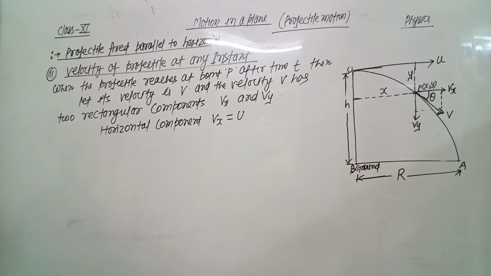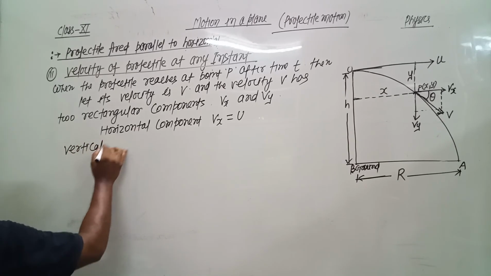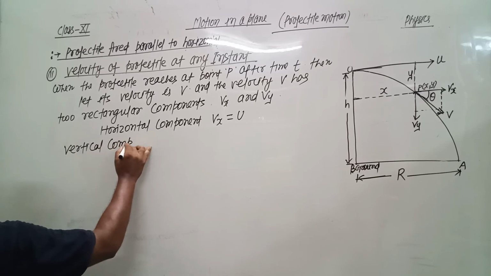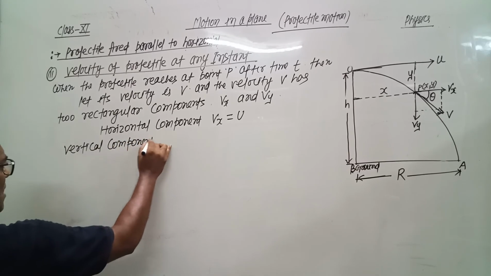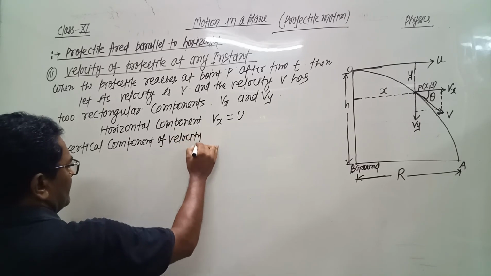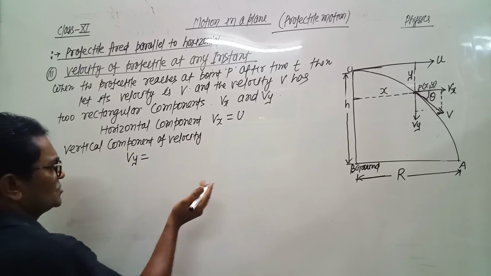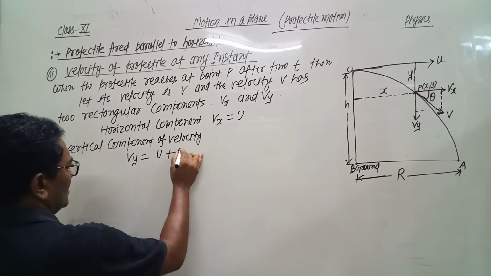For the vertical component of velocity, Vy equals u plus gt.